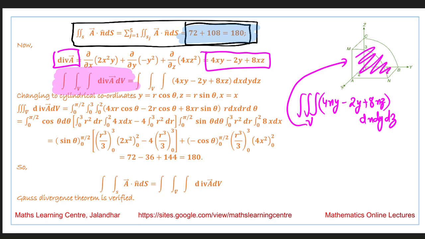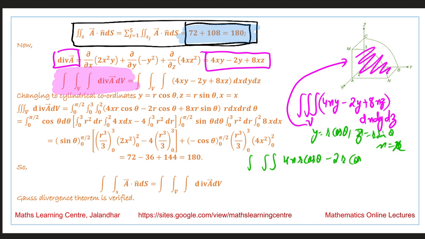Now if we substitute y equal to r cos theta, z equal to r sin theta, and x equal to x, then this integral changes to the triple integral of 4xr cos theta minus 2r cos theta plus 8xr sin theta into r dx dr d theta.